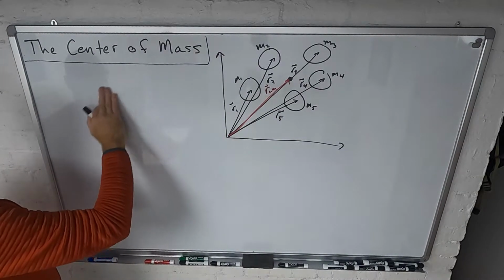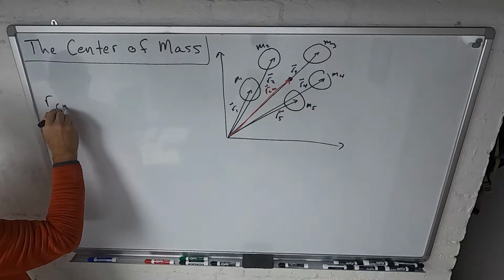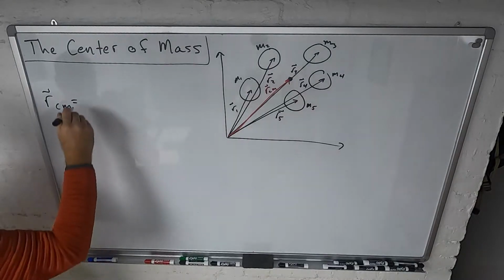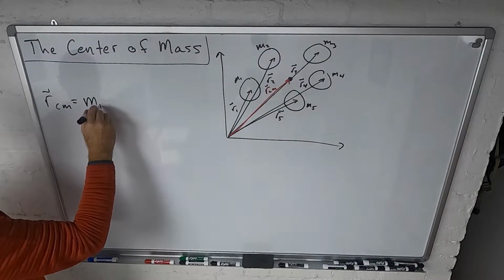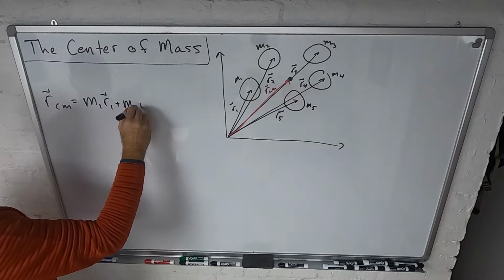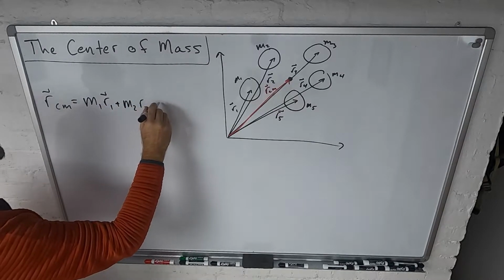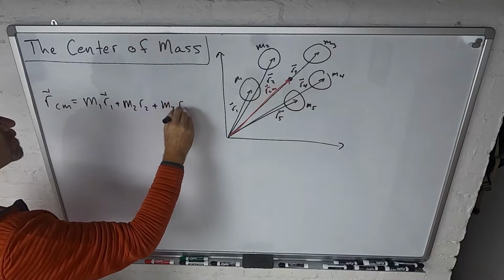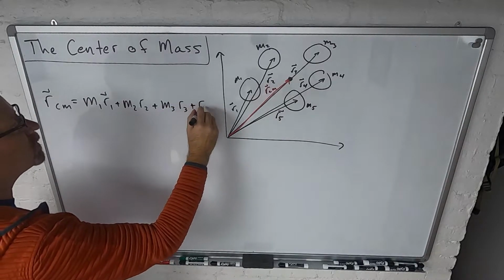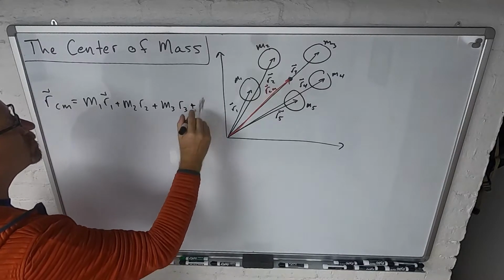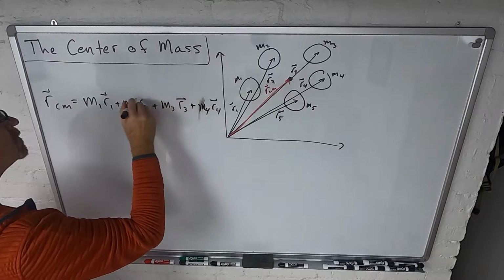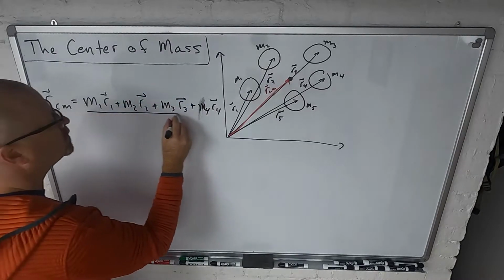So R center of mass is going to be equal to, well, it's the weighted sum, like I said, M1 R1 plus M2 R2 plus M3 R3, well, I'll just do 4, plus M4 R4 for this example.